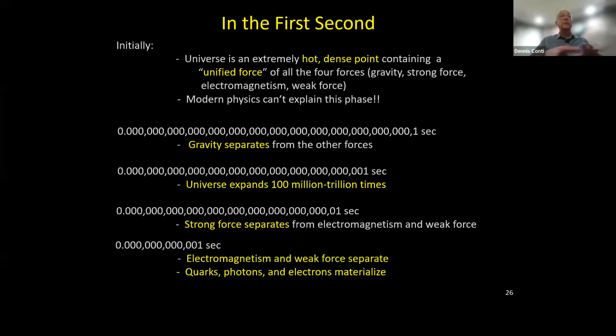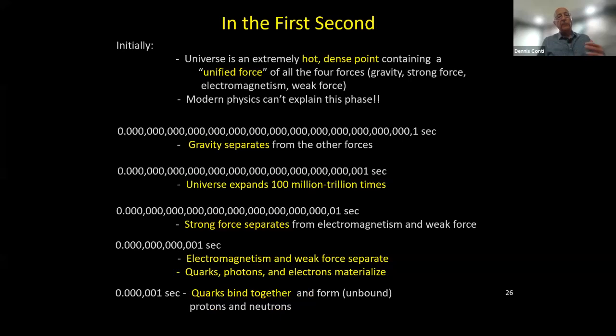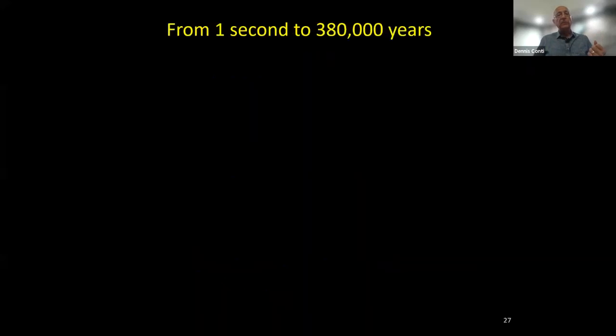So now all these forces we talked about have separated out. And now these forces are able to bring together quarks. We'll see in a minute. Photons and electrons formed, and the quarks are bound together, and protons and neutrons are created. So in the first 0.00001 seconds is when the first parts of an atom, protons and neutrons, were formed.